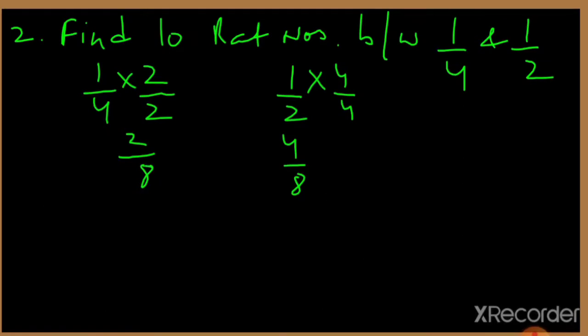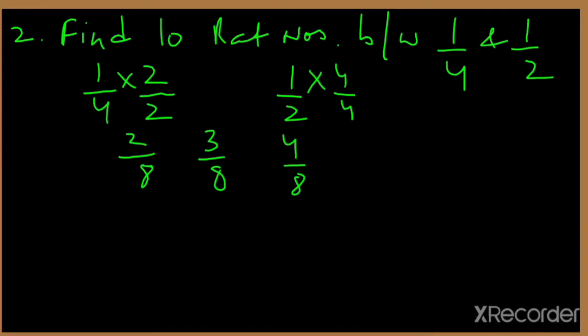These rational numbers are like numbers, 2 by 8 and 4 by 8. Now we can find just one rational number between them, that is 3 by 8, right? But we need to find 10 rational numbers.